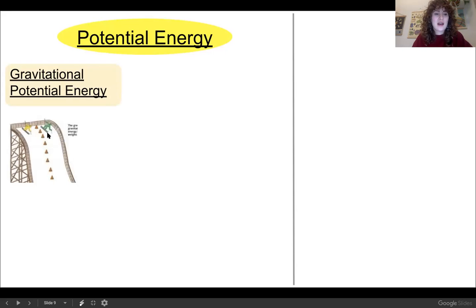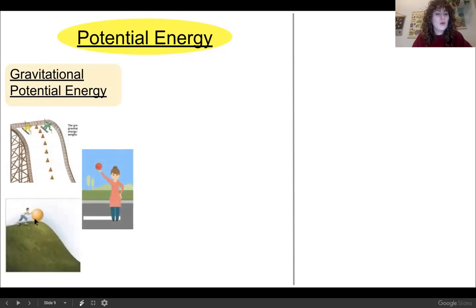So if a skier is high up, it's going to be pulled down due to gravitational potential energy. Here's another example. Again, holding a ball, or even if that ball is just at the top of a hill, it still has potential energy. It has the potential to move down. All of these things have potential energy because of gravity, because they're high up.